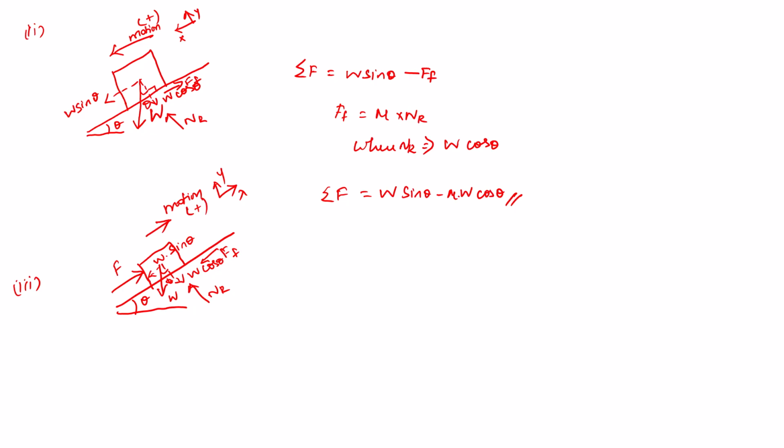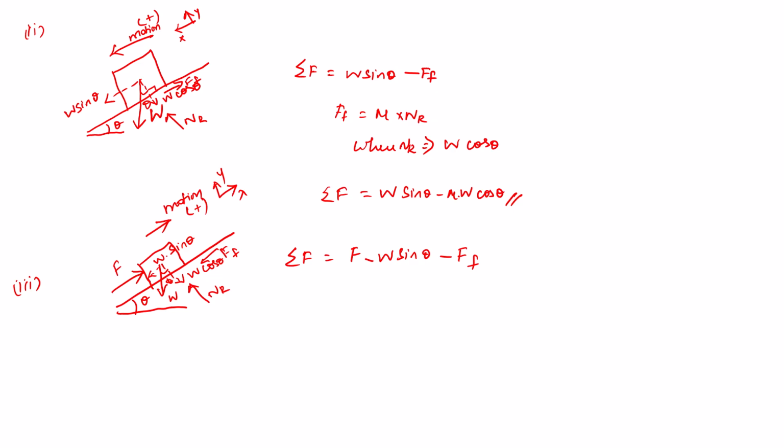From that perspective, the summation of F will be F positive, which is the applied force, and W sine theta is against the motion, so minus W sine theta and then minus FF. These are the forces acting in the X direction, which is the force defining the motion, so we are taking only that consideration.